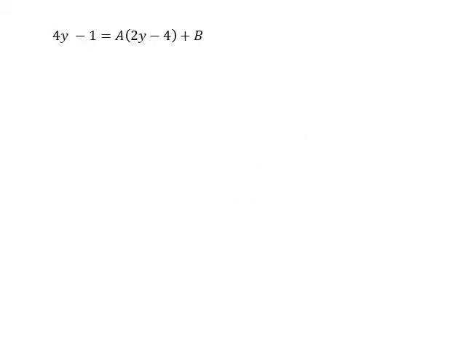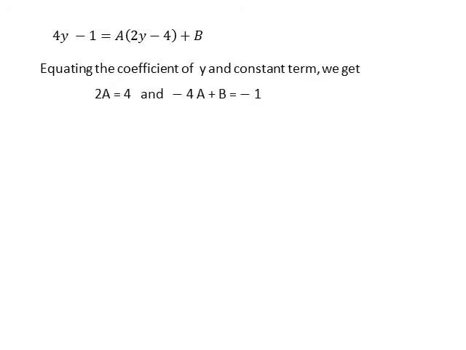So, we get 4y − 1 equals to a multiply (2y − 4) plus b. Equating the coefficients of y and constant term, we get 2a equals to 4 and −4a + b equals to −1. Solving these equations, we get a equals to 2 and b equals to 7.